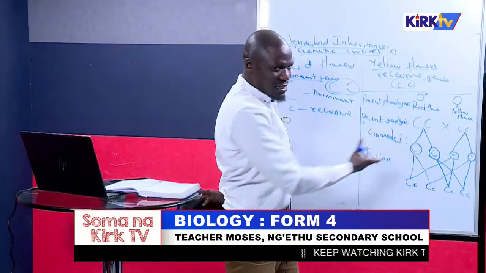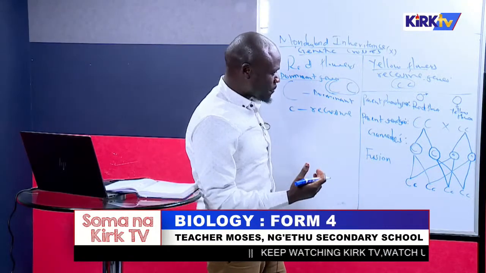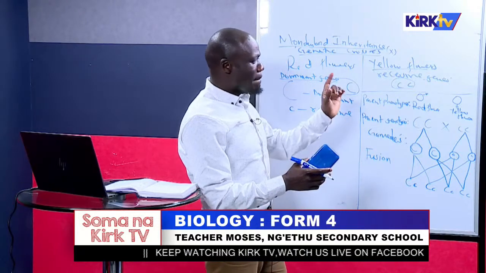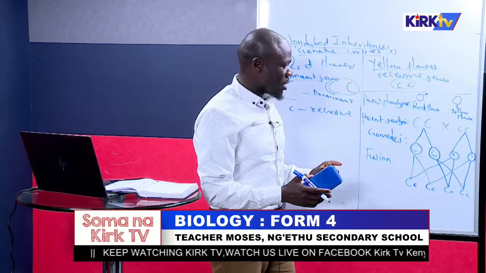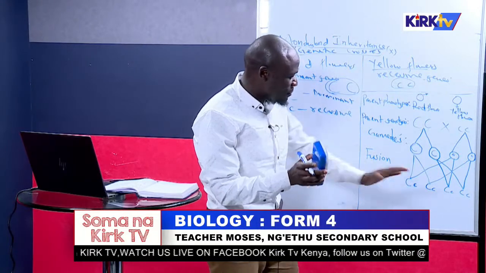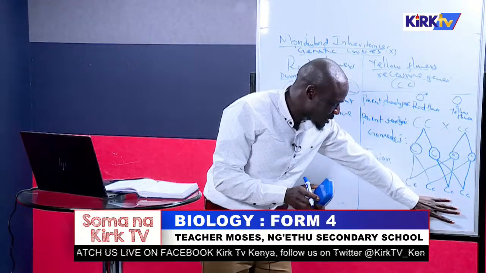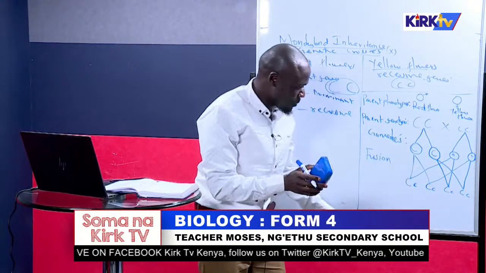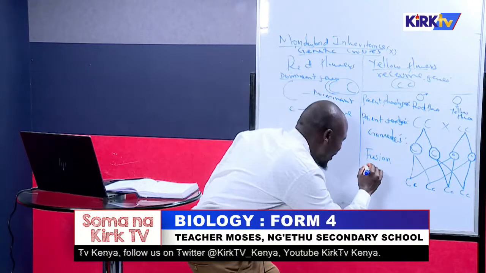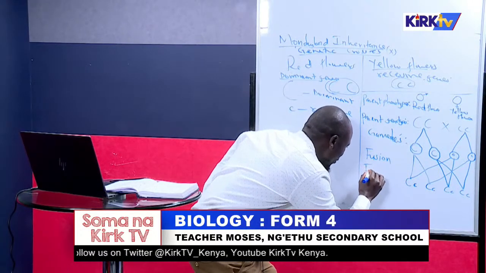So these are the chances of what we are likely to get as a result of the union between the male and the female gametes. What we are going to get here is what we call the F1 generation.